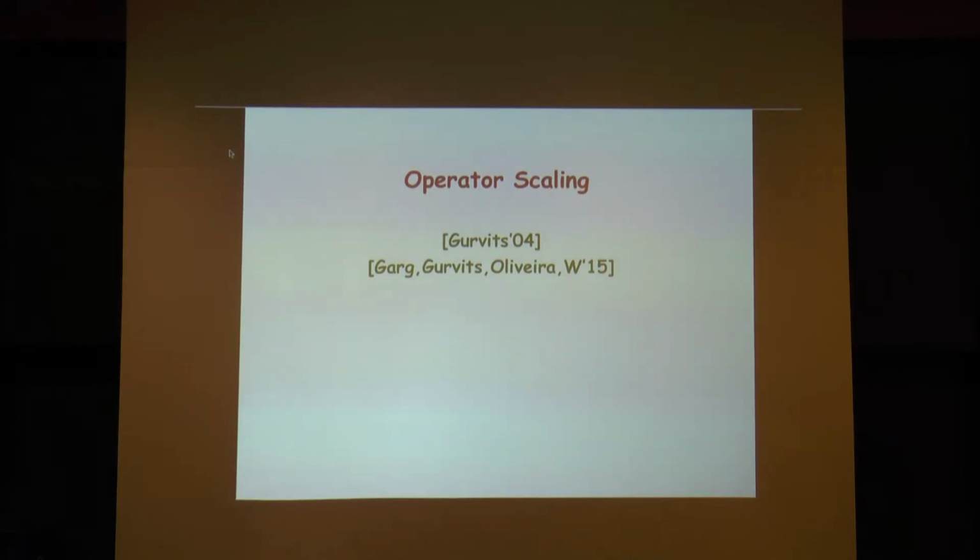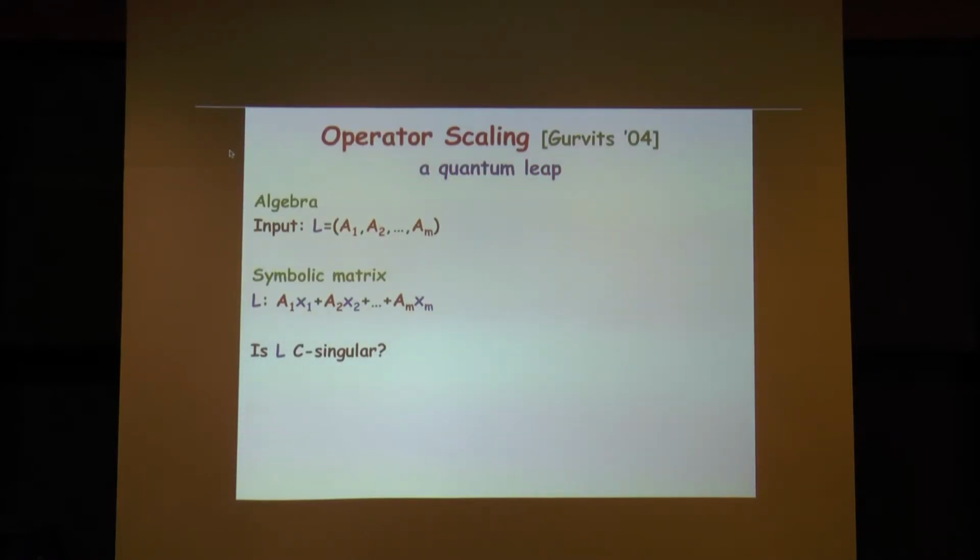So I want to tell you about a quantum leap, a paper of Gurvits, where the pun is intended. It's a quantum leap, but it's also a quantum information theory approach. This is the beginning of the connection of this problem to different areas, and we'll see others.